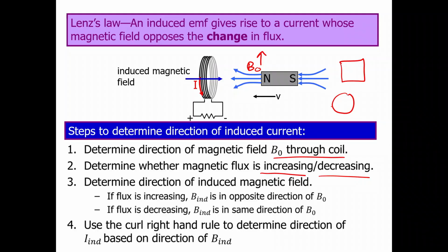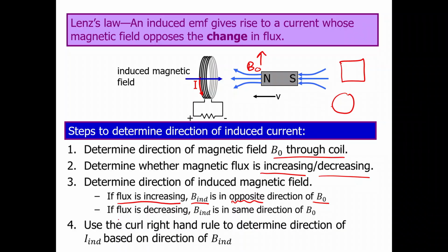Then we have to determine the direction of the induced magnetic field. So you have to know where B0 is first. And then if your flux is increasing, our induced magnetic field must be in the opposite direction, because we have to undo the increase. We need to make our magnetic field smaller.